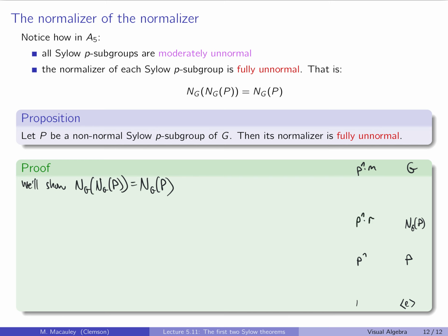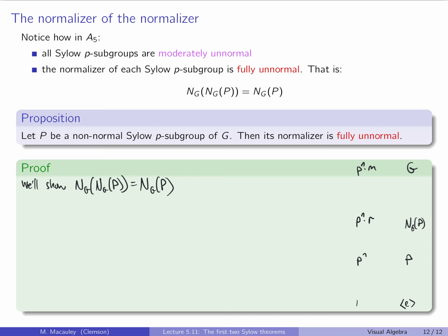And we're going to assume that the normalizer is moderately unnormal, because this statement is trivial if P is its own normalizer, since taking the normalizer of the normalizer gives the same thing. It's also trivial if P is normal, because the normalizer is G, and then the normalizer of that is the same thing. So this is only interesting if this is moderately unnormal, of order p to the n times r.